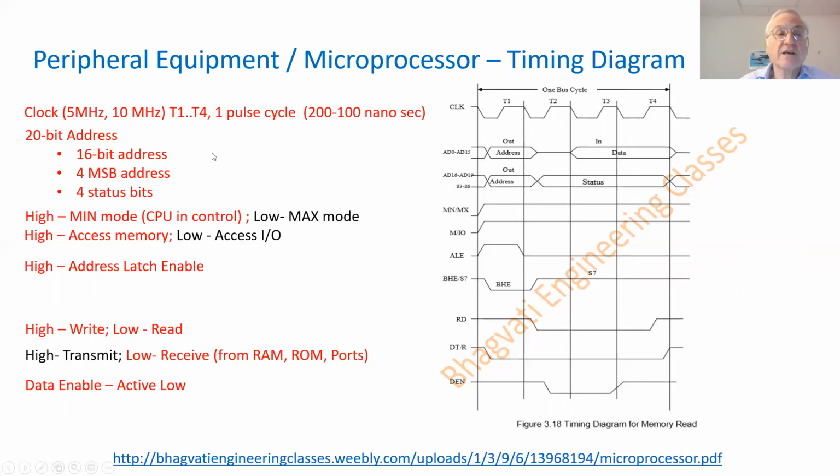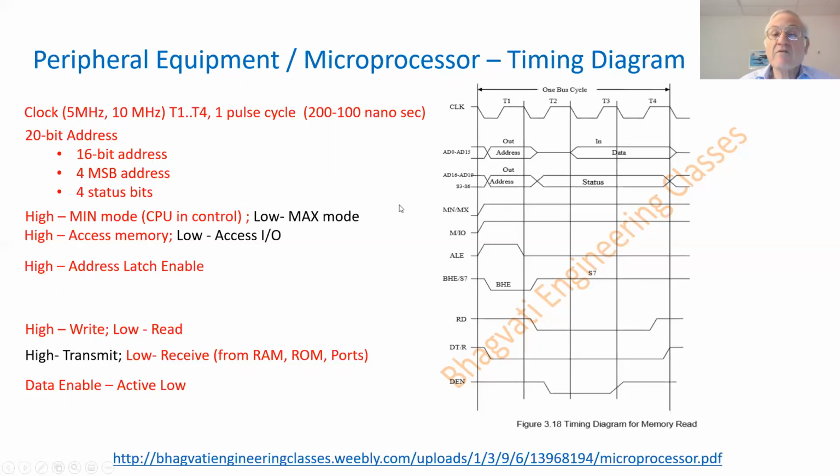And what we see here is that we have a 20 bit address on a bus. We have 16 bits over here, A0 to A15. And we have another 4 bits of address on this bus from 16 to 19. And then we also have on this bus 4 status bits on the same bus.